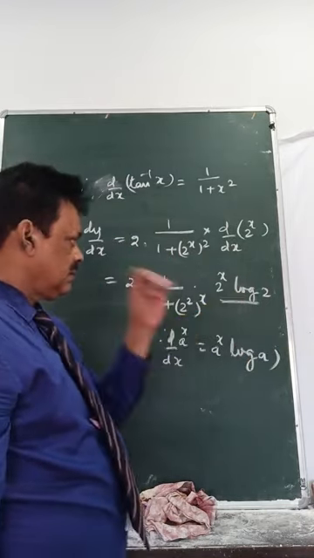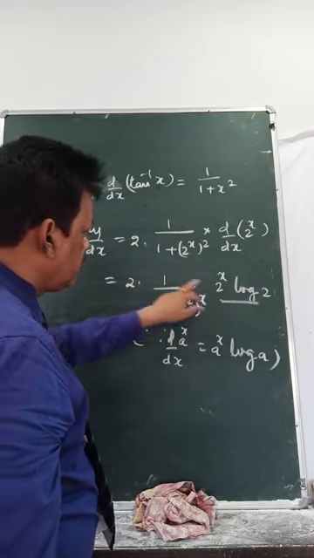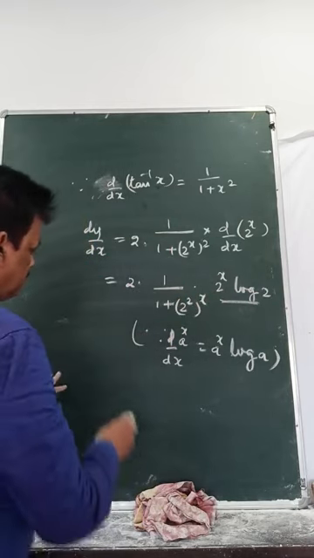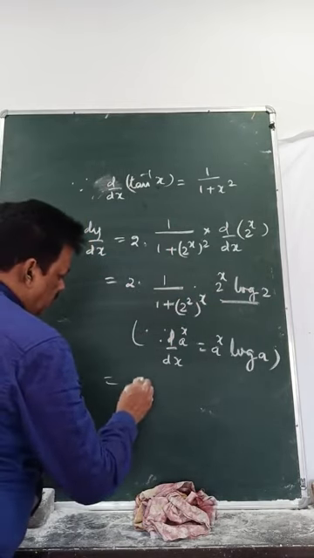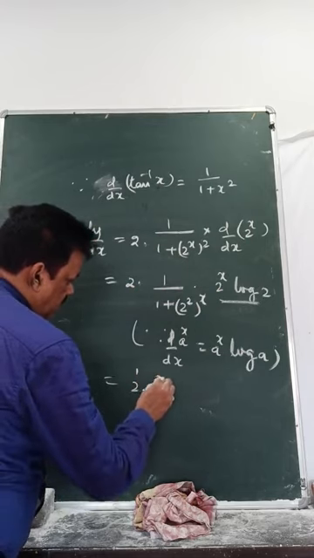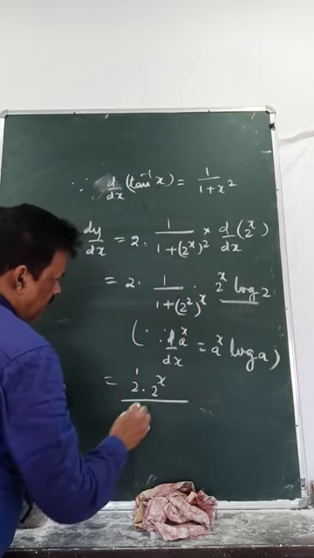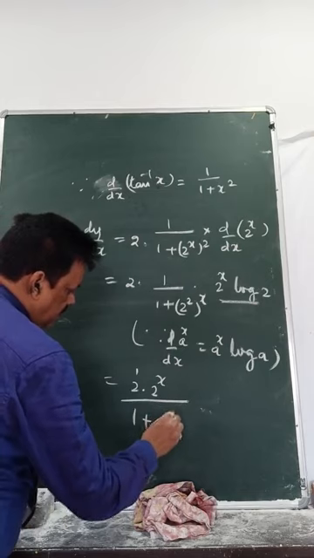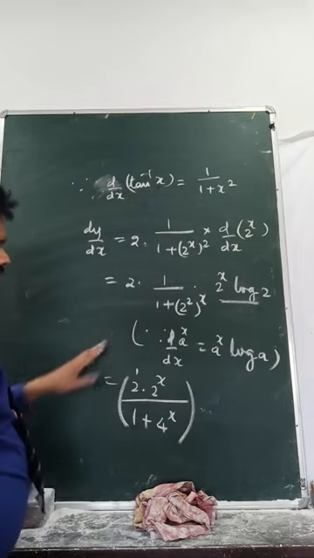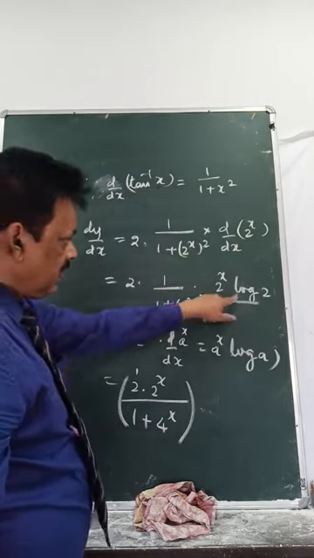So now I'll combine these two. If I combine these two, what shall I get? 2 to the power 1 into 2 to the power x, 1 plus 4 to the power x, this simplified, and log 2.